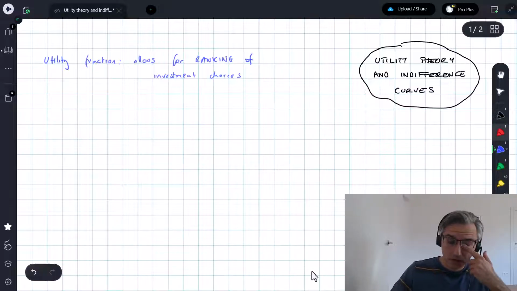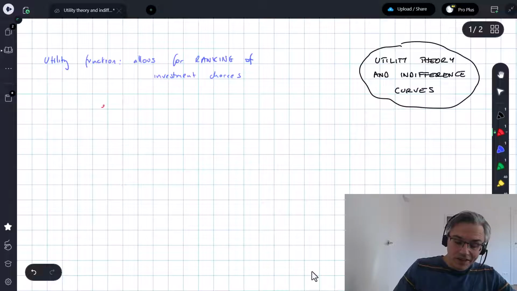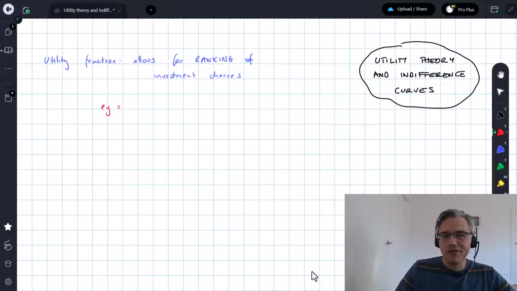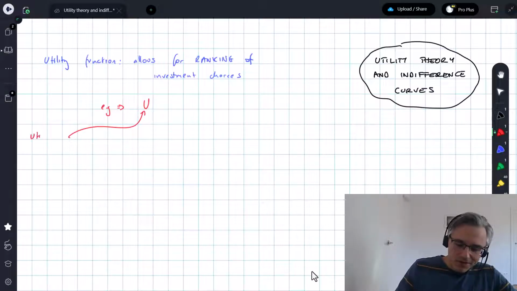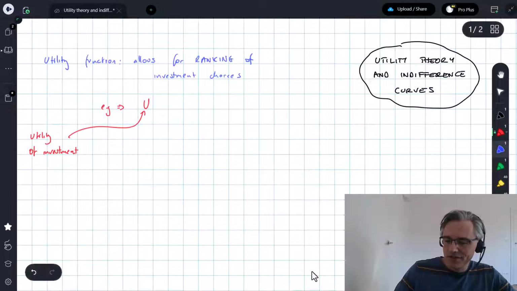level of risk. So the example of such a function that you'll find in the books and in actually every question that's in the curriculum is as follows. Utility. So the utility of an investment, which is not the same as its expected return.